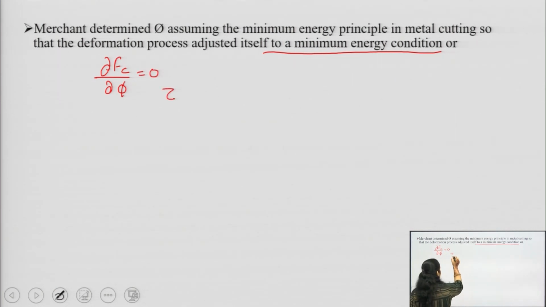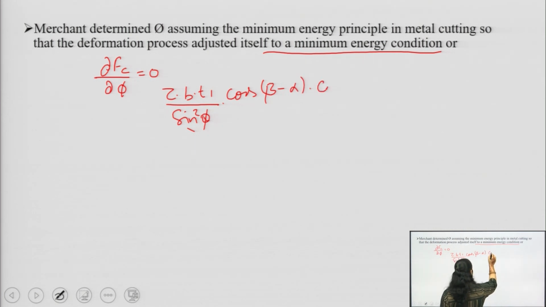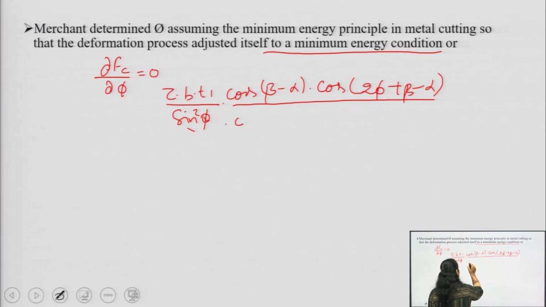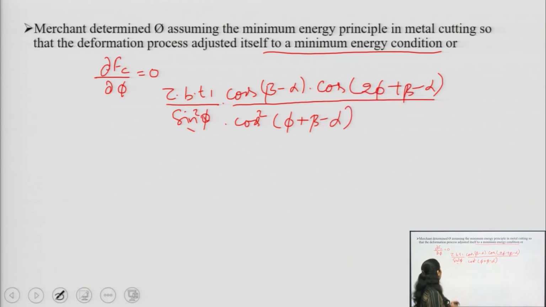Or we can write down it tau into b into T1 divided by sin phi cos beta minus alpha, and this will become cos 2 phi plus beta minus alpha. This is cos square phi plus beta minus alpha. This is the value which comes out by putting the value of Fs in terms of tau and beta.